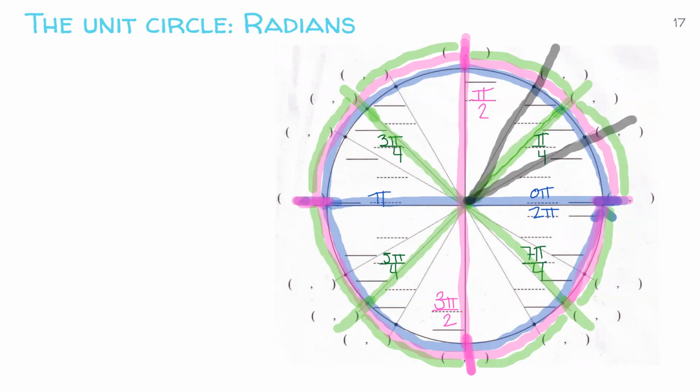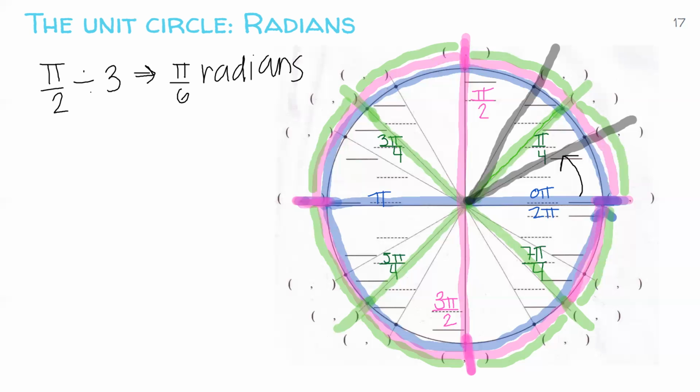So really what I'm asking myself is, how can I break pi over 2, that first quarter, into 3 pieces? What is pi over 2 divided by 3? Pi over 2 divided by 3 gives us pi over 6. So each of those increments is pi over 6 radians. And since we like to work counterclockwise with our unit circle, from here to here is going to be pi over 6 radians.